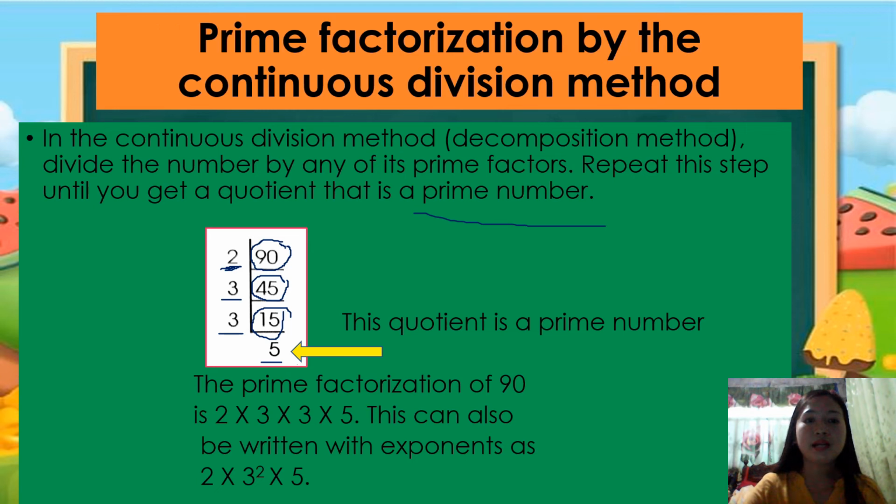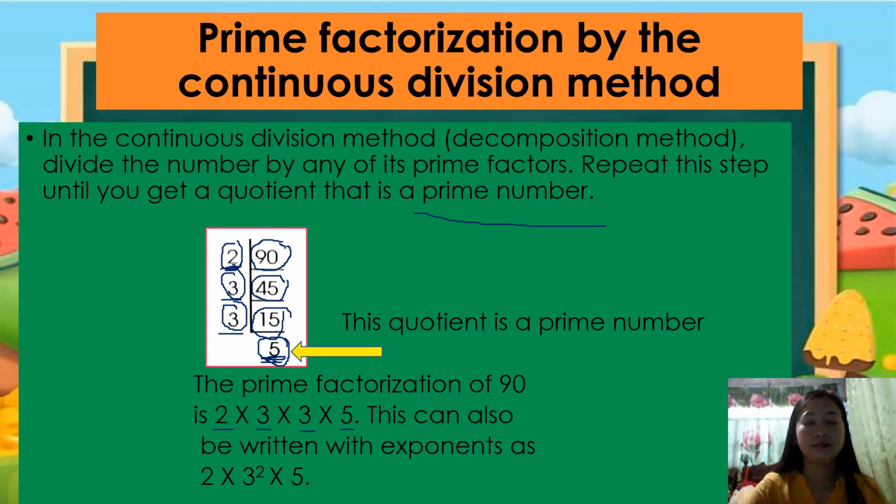Now, 5 is a prime number. It is now a prime number, so this quotient is a prime number. The prime factors of 90 are now 2 times 3 times 3 times 5.